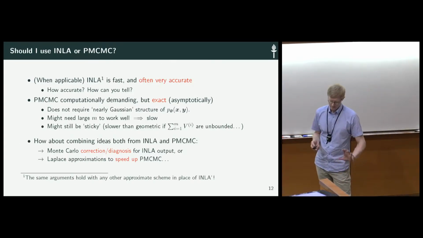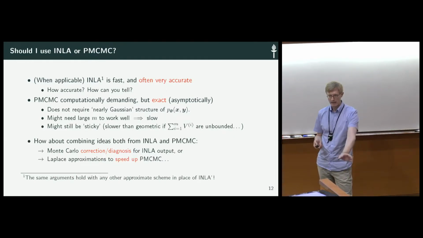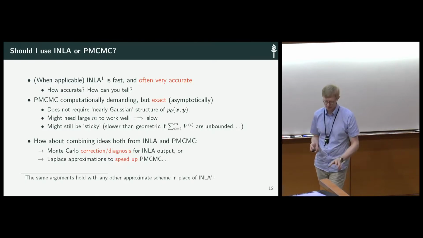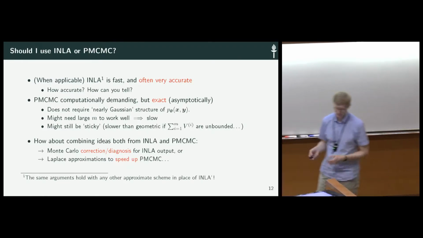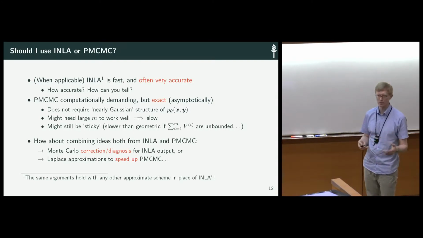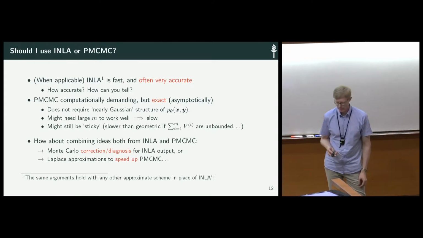Okay, so you could think of diagnosis of the output. Is there a bias, basically? That's a question you might want to answer. Or then you can think of it as trying to speed up PMMH by Laplace approximations or something like that.